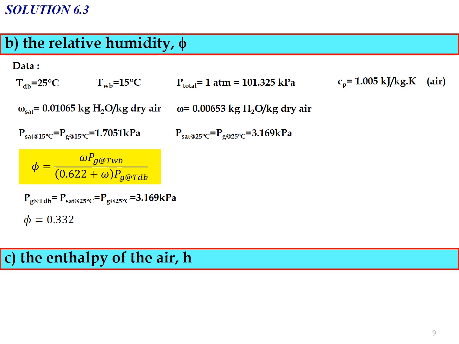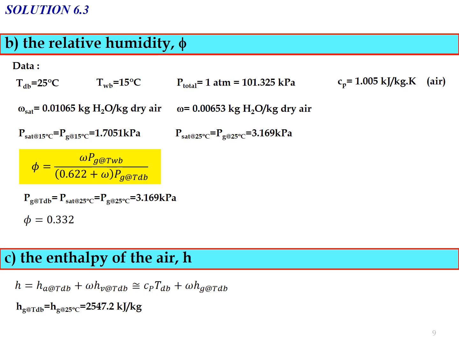The last question: we need to determine the enthalpy of the air, H, based on the dry bulb temperature, where H equals Ha at dry bulb temperature plus omega multiplied by Hv at dry bulb temperature, more or less equal to Cp multiplied by dry bulb temperature plus omega multiplied by Hg at dry bulb temperature.